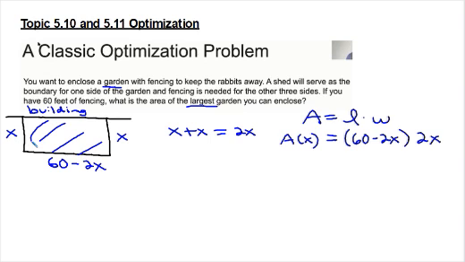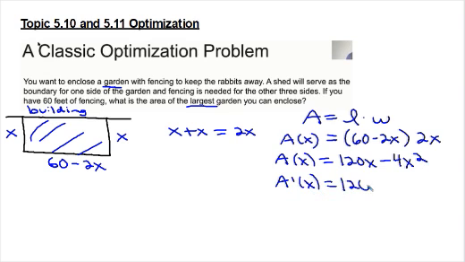So let's distribute this x. A of x equals 60x minus 2x squared. And there's my function, and it looks a little bit better now. And what do we normally do? We take the derivative, we set it equal to 0. So A prime of x is going to be 60 minus 4x.